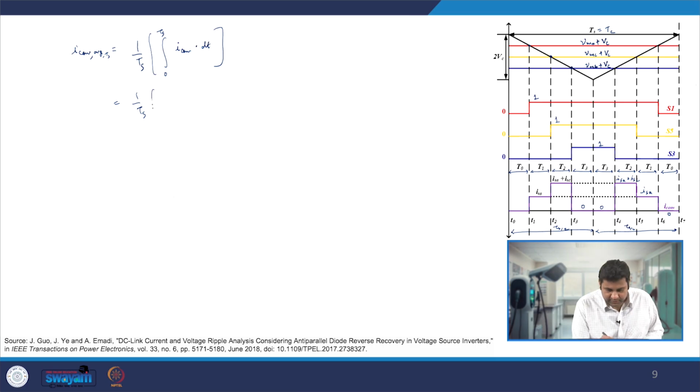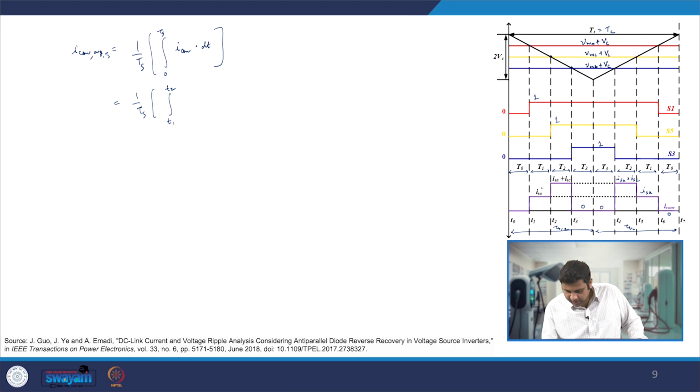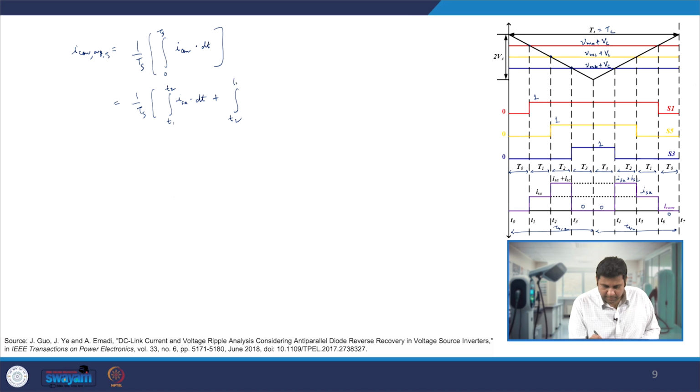So we can just write from T1 to T2 this ISA value, which is a constant value, multiplied by dt, plus from T2 to T3 it is ISA plus ISC dt, and in the remaining period it will be 0.